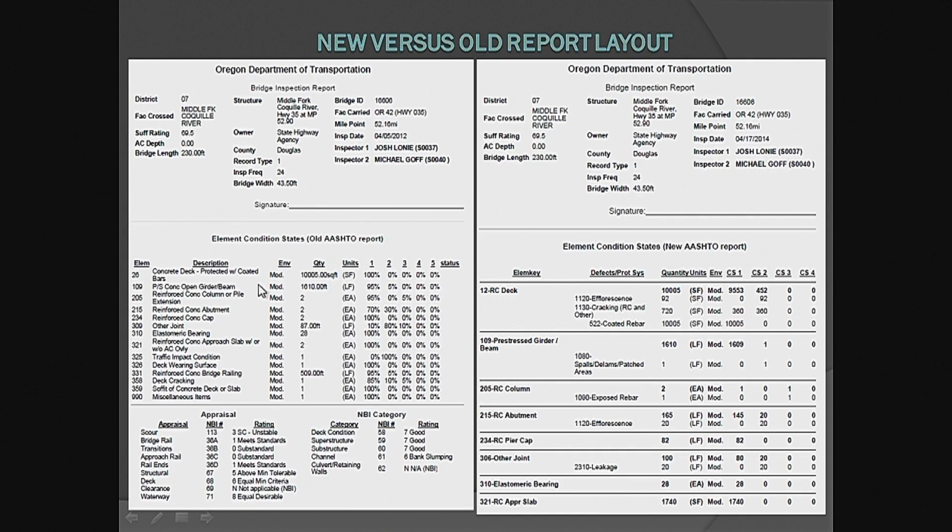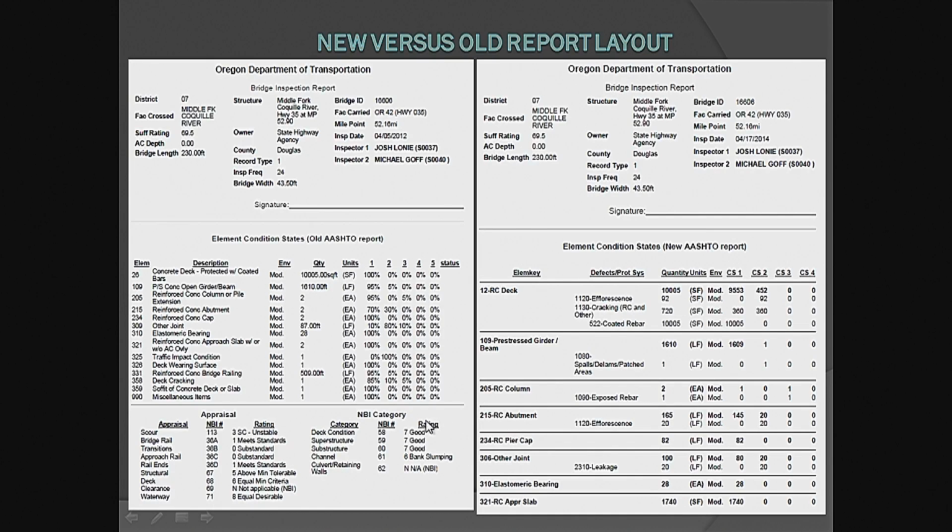So here in the condition state, really the changes are we went to, like I said, we added in the defects. We've changed the unit of measure, and now we use the condition states 1, 2, 3, and 4. One thing I do want to point out, because we'll talk about it a little bit later, is this little section below. The NBI category, this is your snapshot of your bridge, your overall condition.